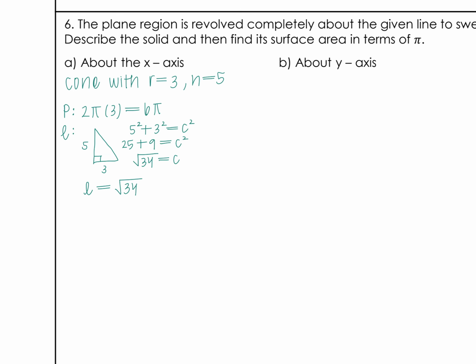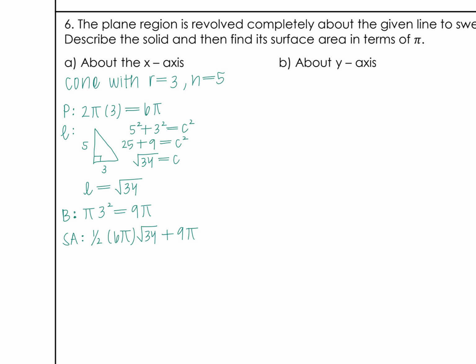Now moving into our B, we are going to have pi and then our radius 3 squared. So we get 9 pi. All right, so I'm skipping over my slant height because I just need my surface area is what they asked for. So we've got 1/2 of our P, so 6 pi, times my slant height of the square root of 34, plus my B, 9 pi.